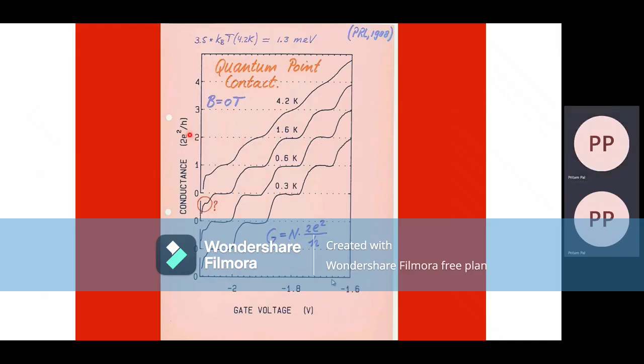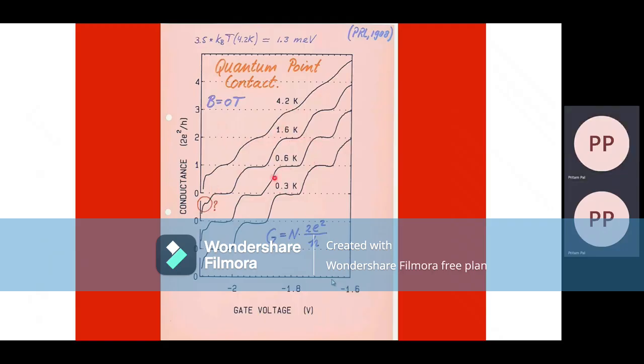One way to destroy this perfect quantization is to increase the temperature. This is what is shown in this plot. As temperature goes from 0.3 Kelvin to 4.2 Kelvin, the plateaus are essentially washed away, as you can see.